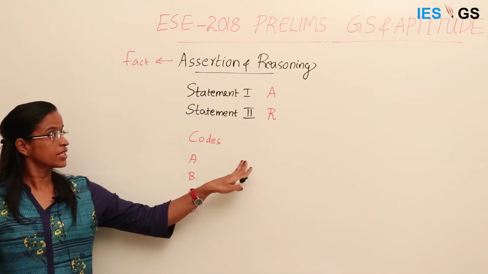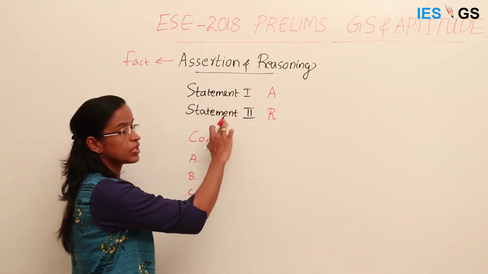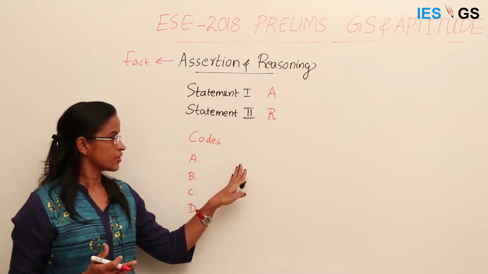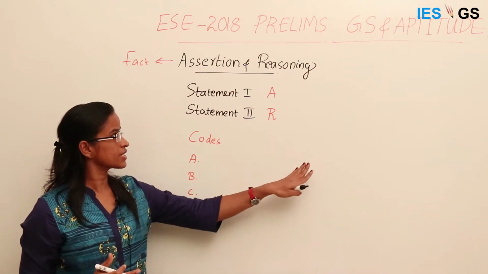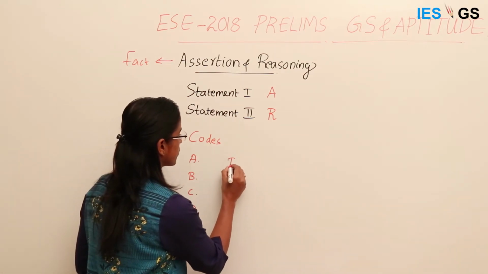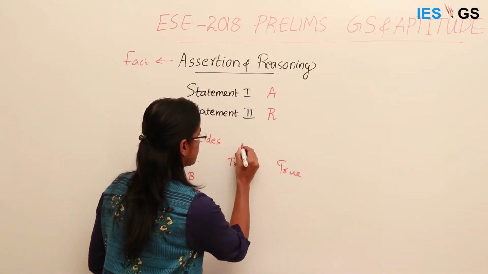Here we have to check two things, whether statement first and statement second are individually true. So the first check in this kind of question is whether statement 1 is true and statement second is true.